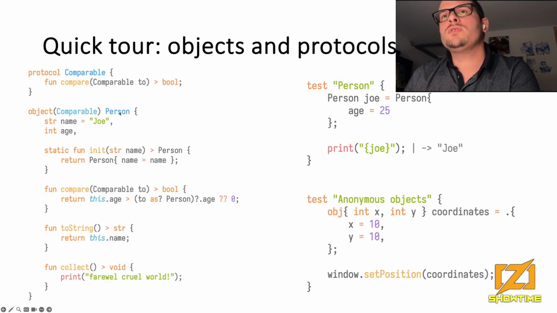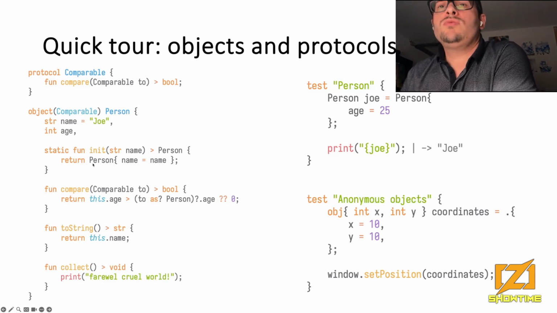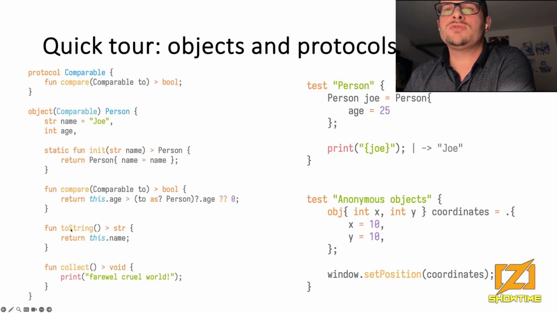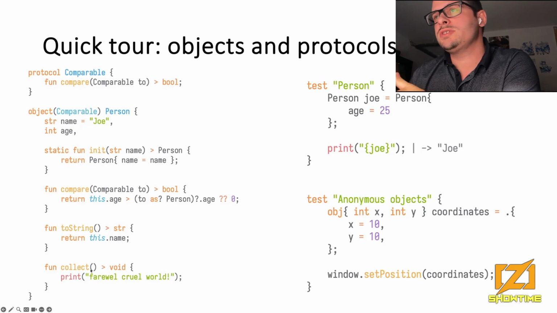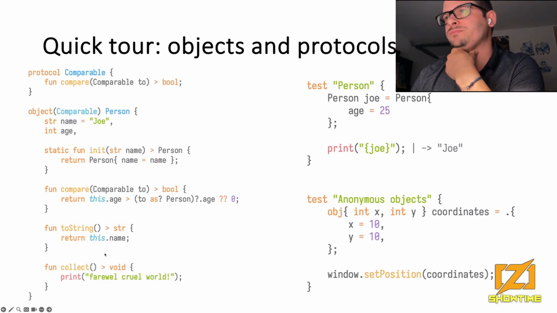So here you have the object Person, and we implement the compare function, and we have a static function. Here I'm using it as a sort of constructor, and we have special methods like toString, which is going to be called if you interpolate the instance in a string, and you have collect, which is called right before the object is collected by the garbage collector.